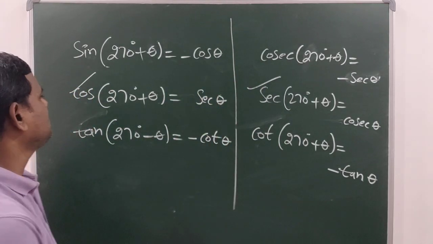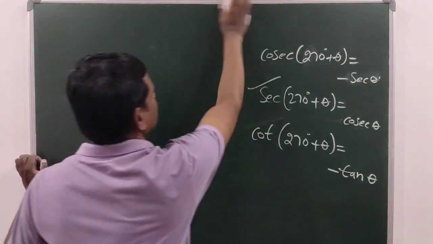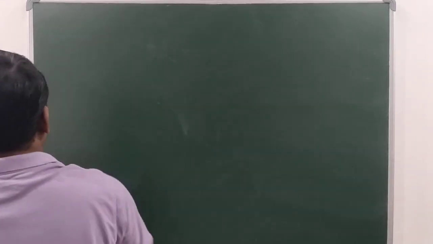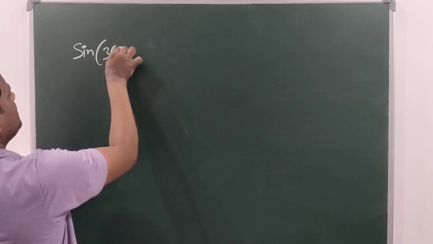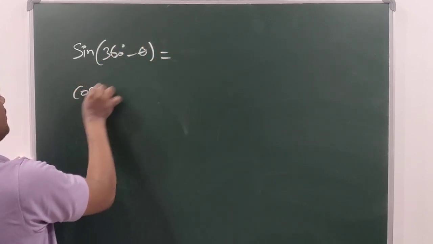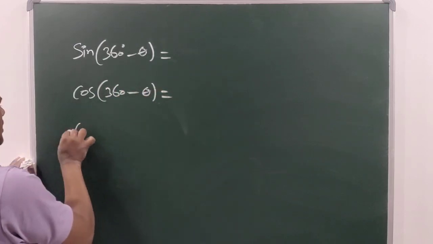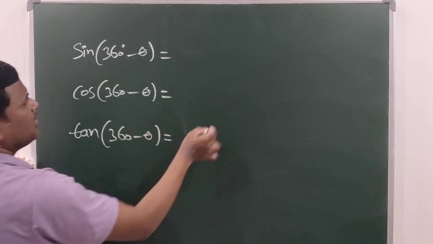Similarly, 360 minus theta, 360 plus theta. So sine of 360 degrees minus theta, cos of 360 degrees minus theta, tan of 360 degrees minus theta.